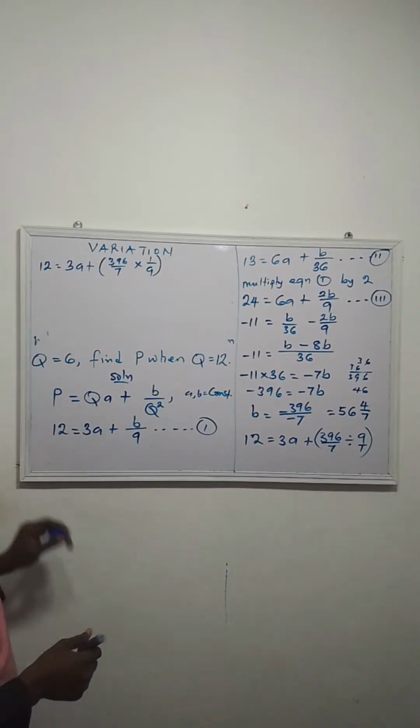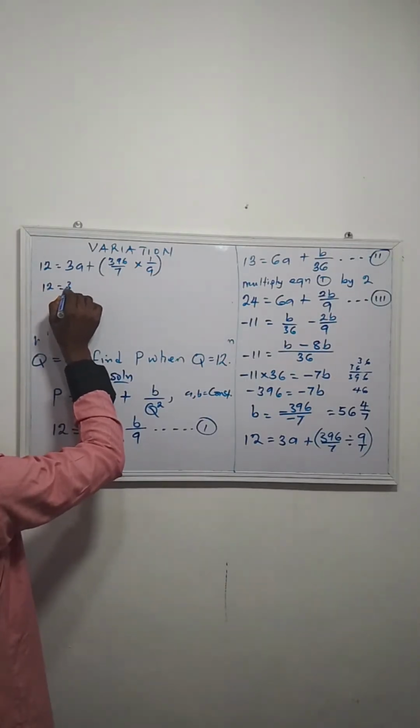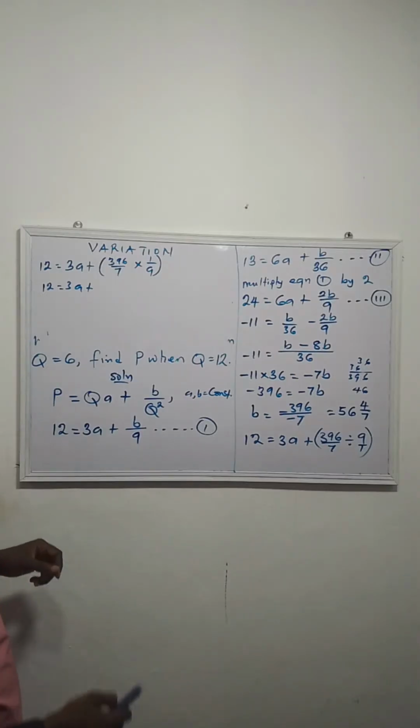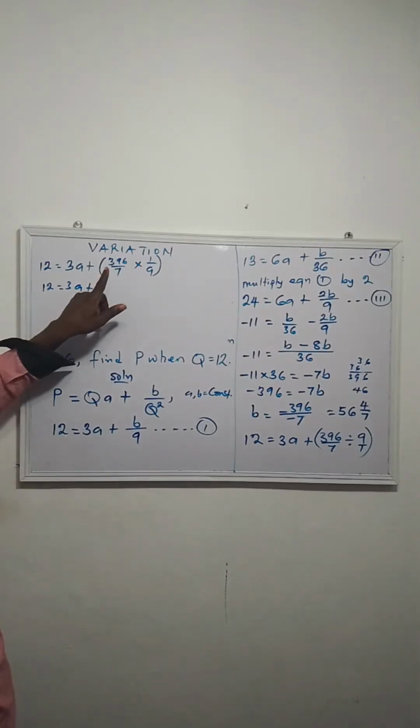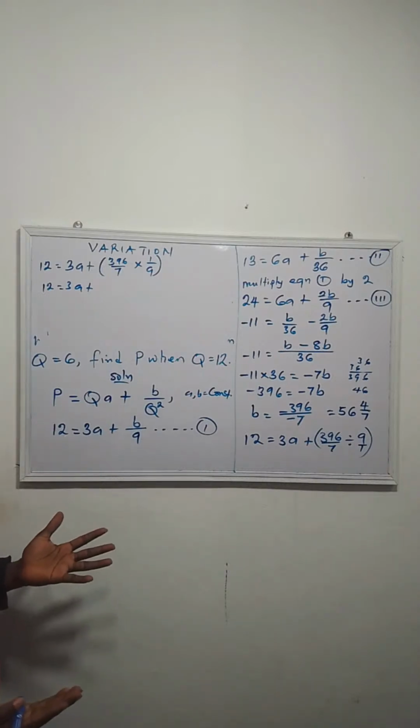Now let's see how we simplify this. We have 12 equals to 3a plus, now can 9 completely go here? Let's reduce it little by little.